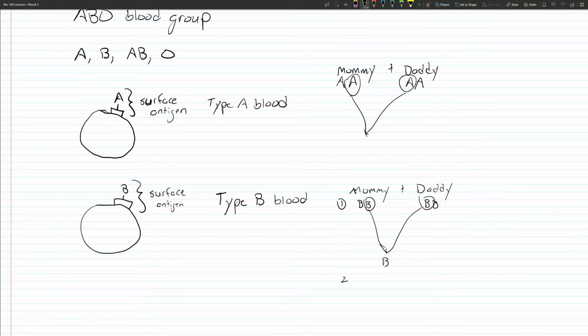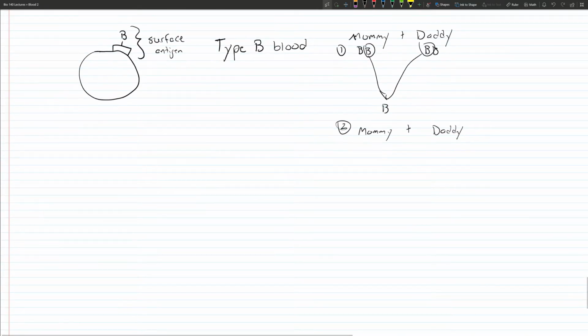That's scenario 1. Scenario 2 is, let's say mommy plus daddy. This is biology. So let's say mommy is AB and daddy is AB.